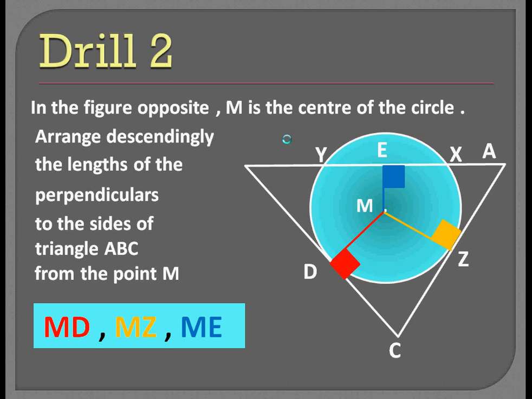So you can arrange the side lengths descendingly from the greatest to the smallest as MD, MZ, and ME, because MD and MZ are equal in length, because both of them are radii of the circle.